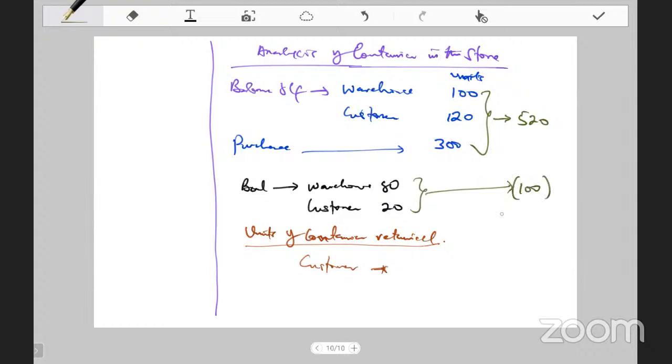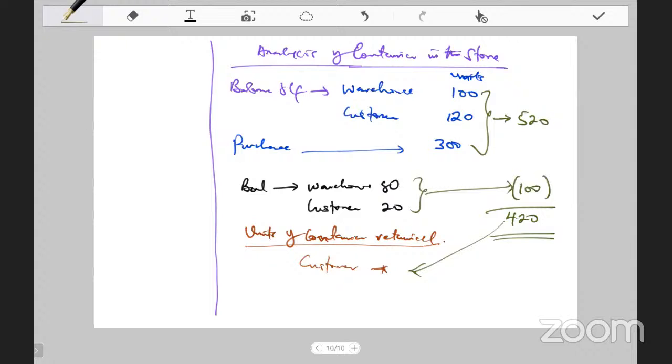So class, the units that have been retained is not 100, it is 420. And I have my reason why I'm saying this, because if you cannot determine the total units that have been retained, then you can't get the profit on retained container.